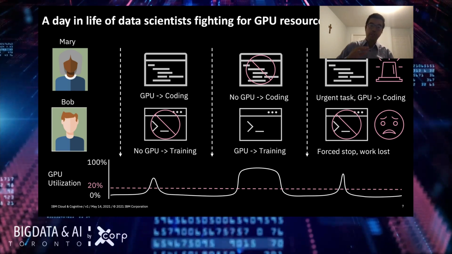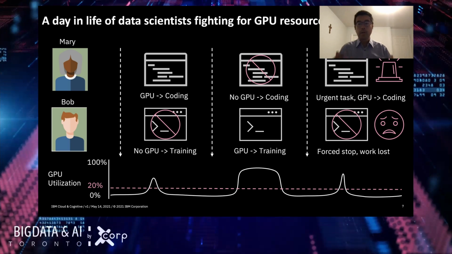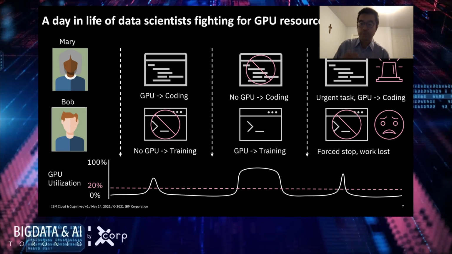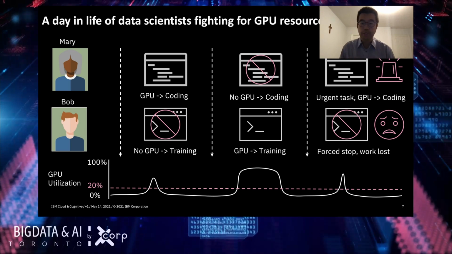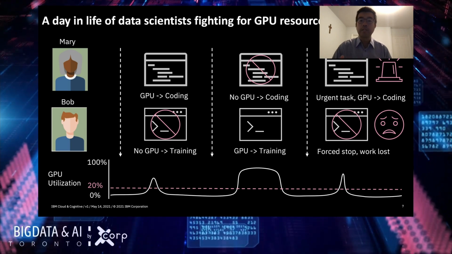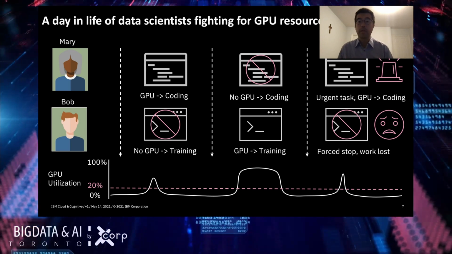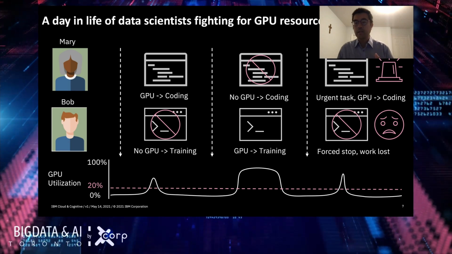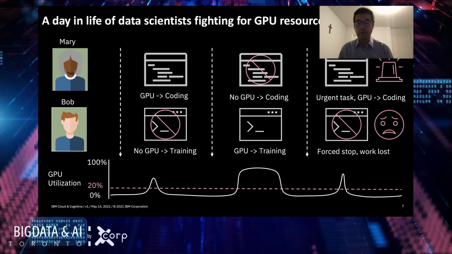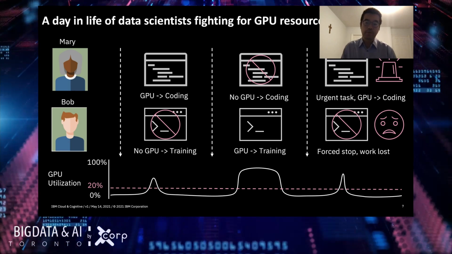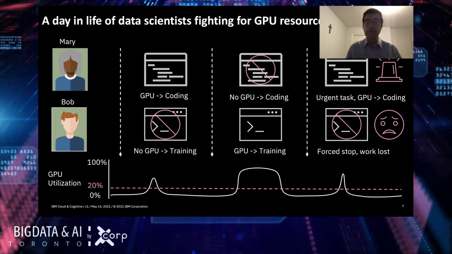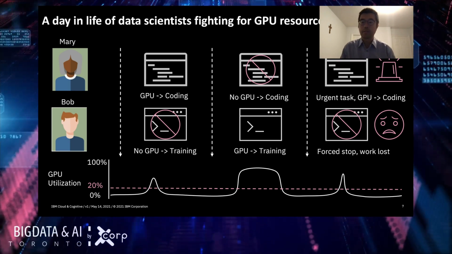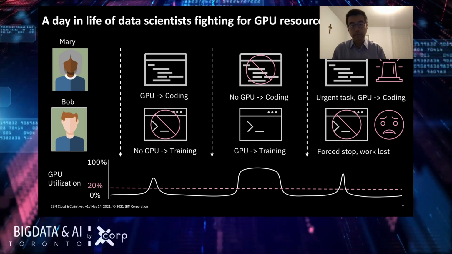The same situation turns around when Bob starts the Jupyter notebook GPU kernel and locks the GPU. In accommodating business priority, a running job would have to be stopped forcefully, and we allocate GPU resources to a higher priority job. And then either Mary or Bob, in this case, is an unhappy data scientist because they're going to lose the progress of their training.